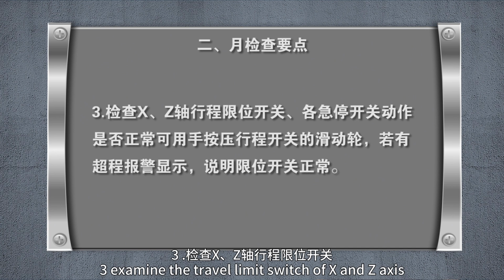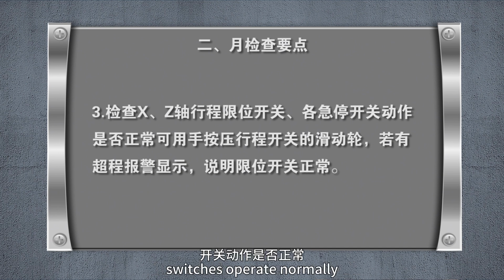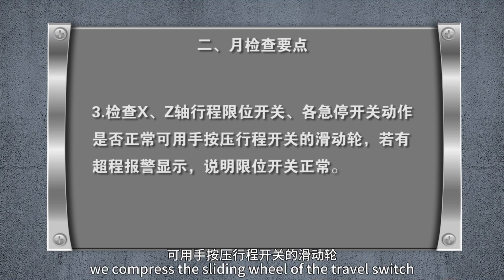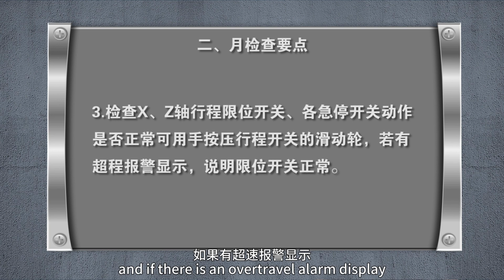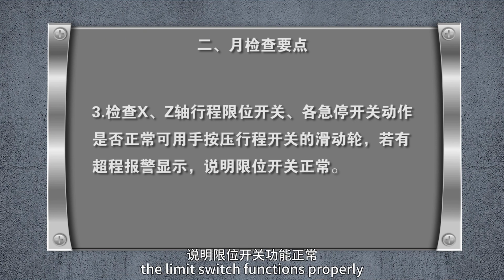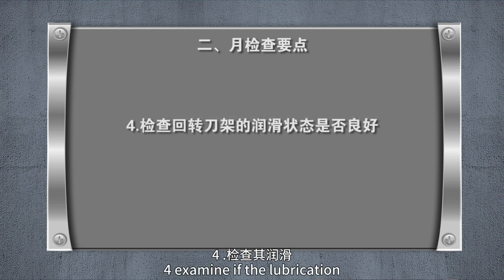3. Examine the travel limit switch of X and Z axis and see whether the emergency stop switches operate normally. We can press the sliding wheel of the travel switch, and if there is an over-travel alarm display, the limit switch functions properly. 4.